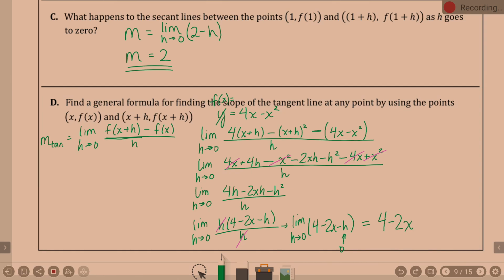So the slope of the tangent line is 4 minus 2x. Okay, that's your general slope for the tangent line. Any tangent line to that equation would follow this formula.